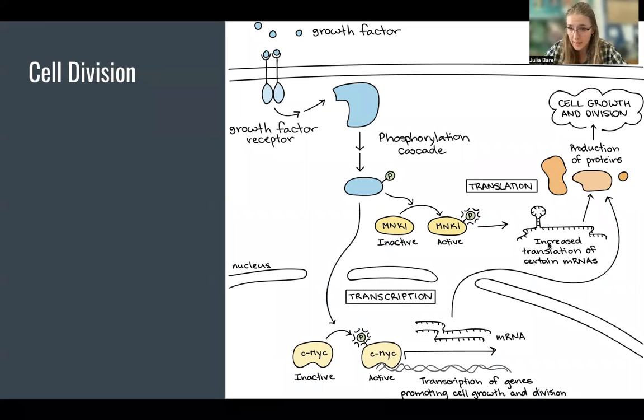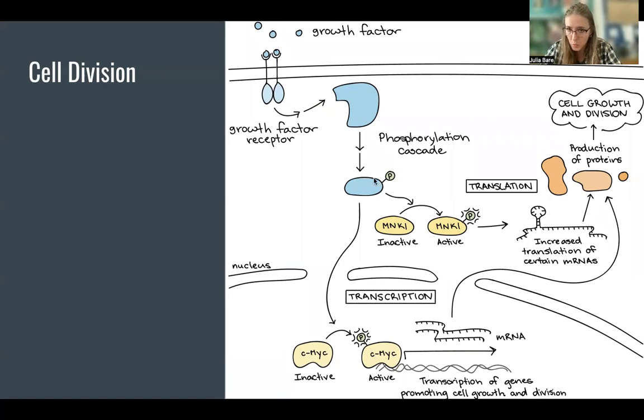In the cytoplasm, it's going to start to increase the translation of certain mRNAs, and that's going to produce certain proteins that trigger cell division. But you're also going to get the production via the nucleus of additional mRNAs. And those mRNAs are going to go on to produce additional proteins.